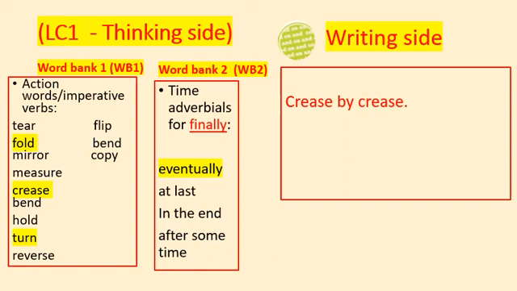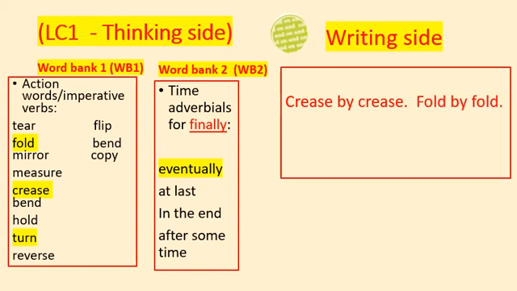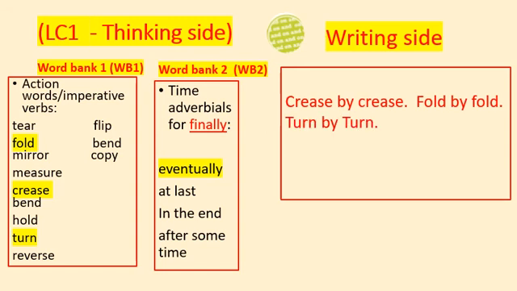Crease by crease. Fold by fold. Turn by turn. And you can see here how we've got that pattern of 3 that we've been using all the way through these units of work.